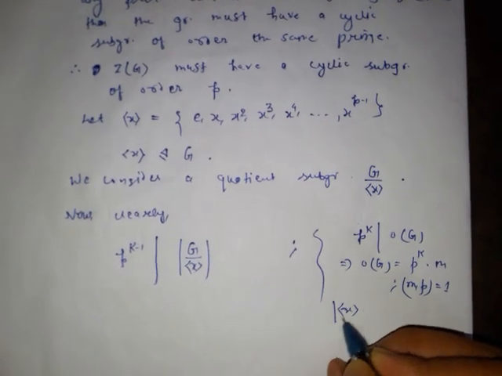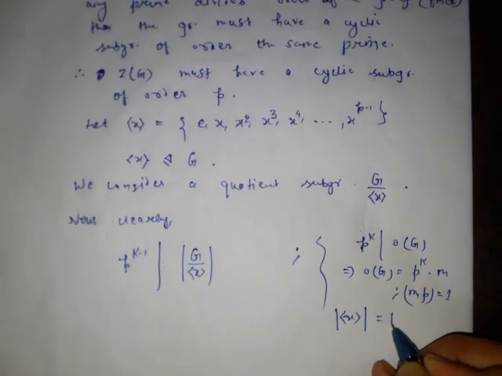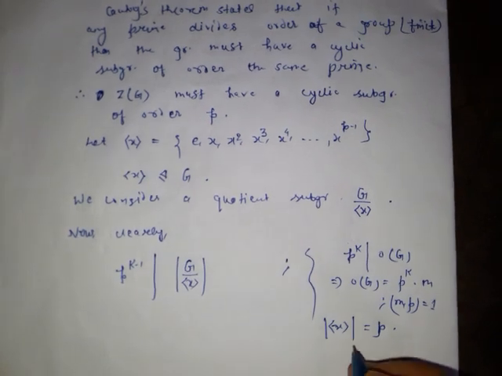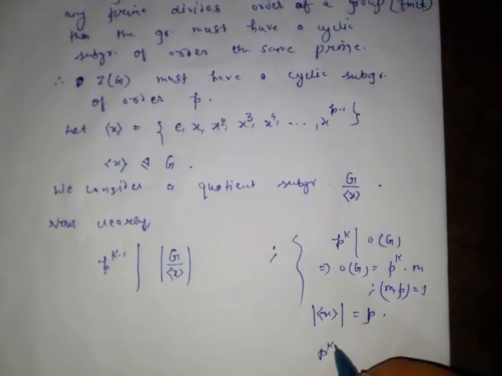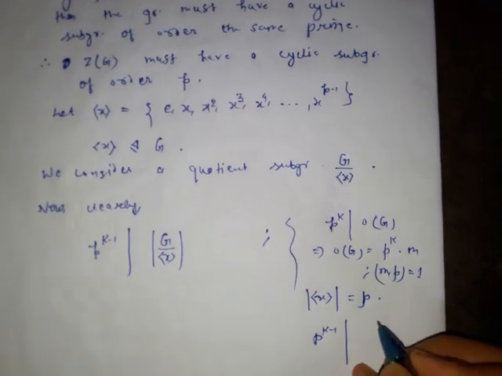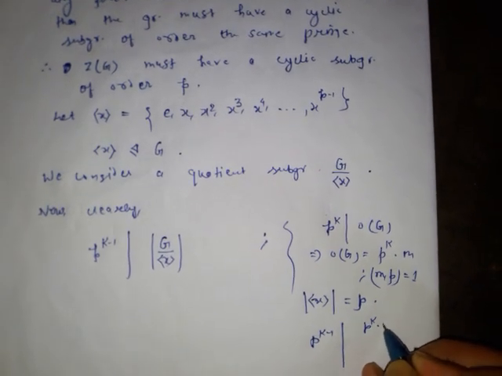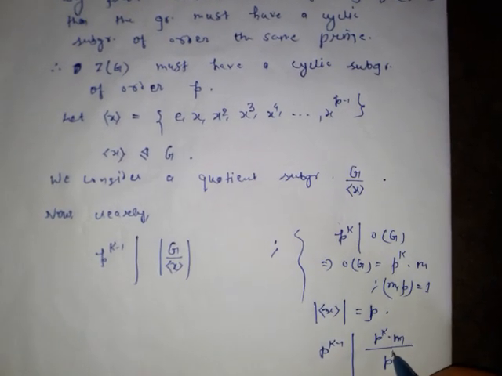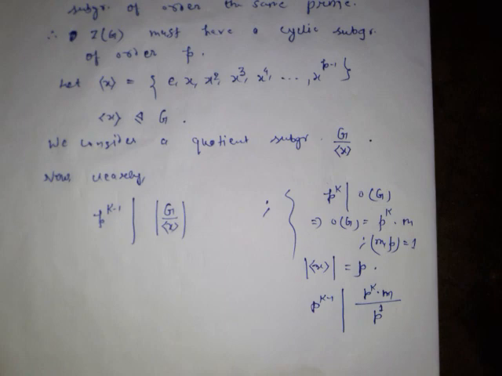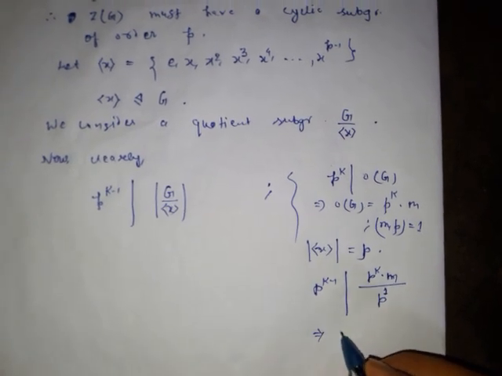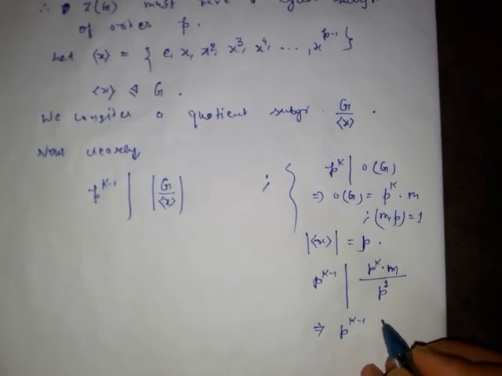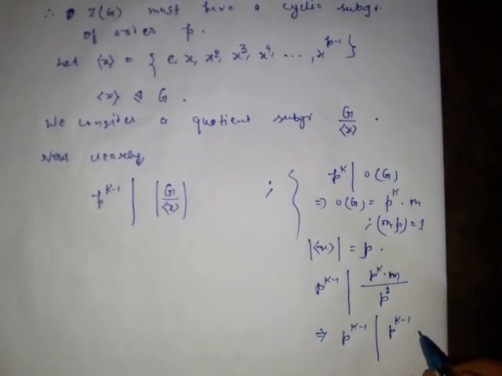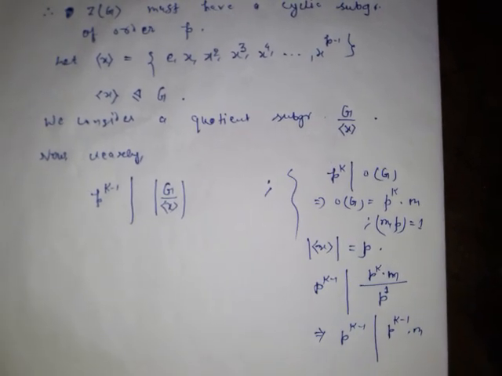Also the order of the cyclic subgroup is p, so p raised to the power k minus 1 must divide p raised to the power k into m upon p raised to the power 1. This implies p raised to the power k minus 1 must divide p raised to the power k minus 1 into m.